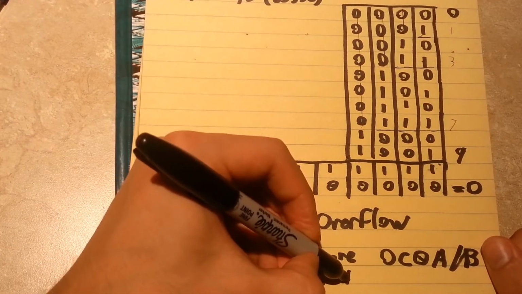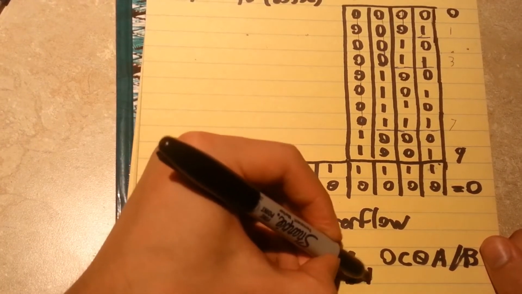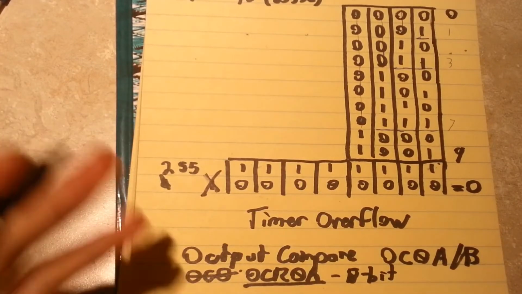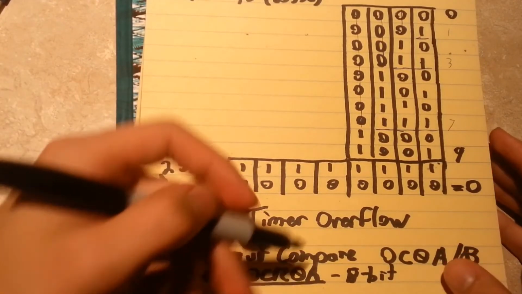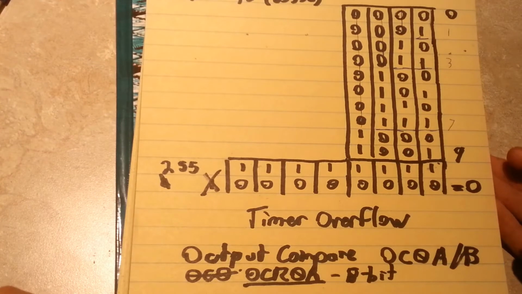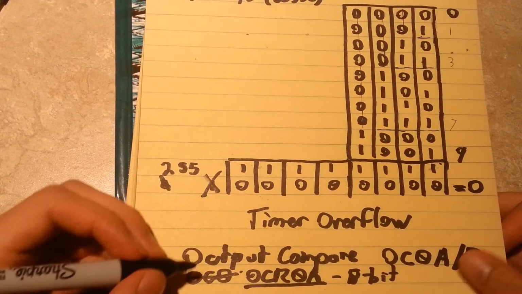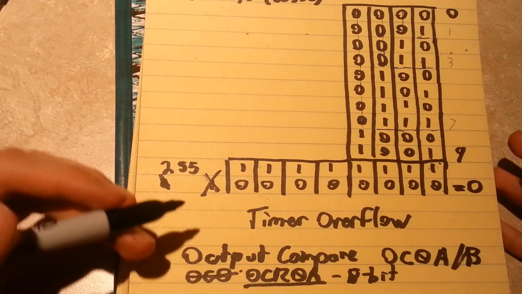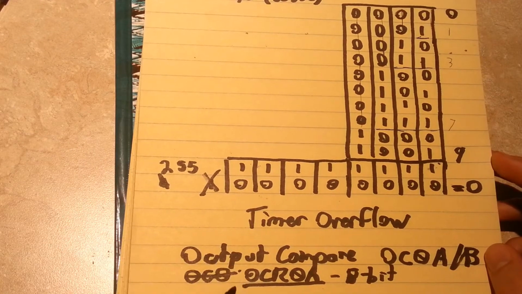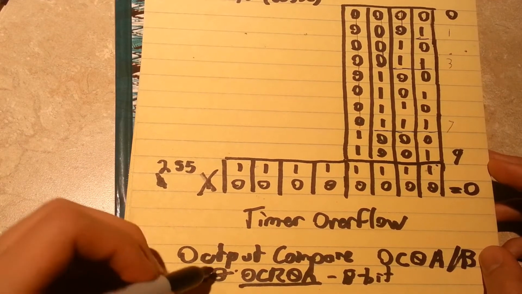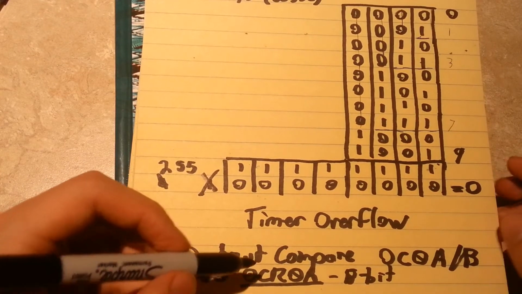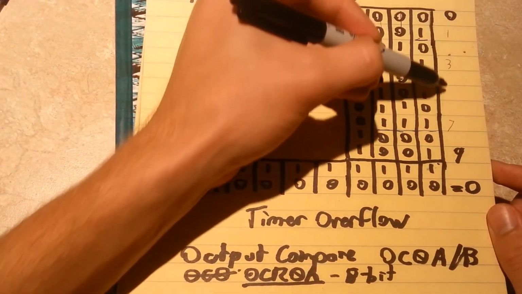This register is just an 8-bit number that you can set between 0 and 255. And when you do, after each timer tick, the CPU will compare the value stored in the output compare register with the current value of the timer.